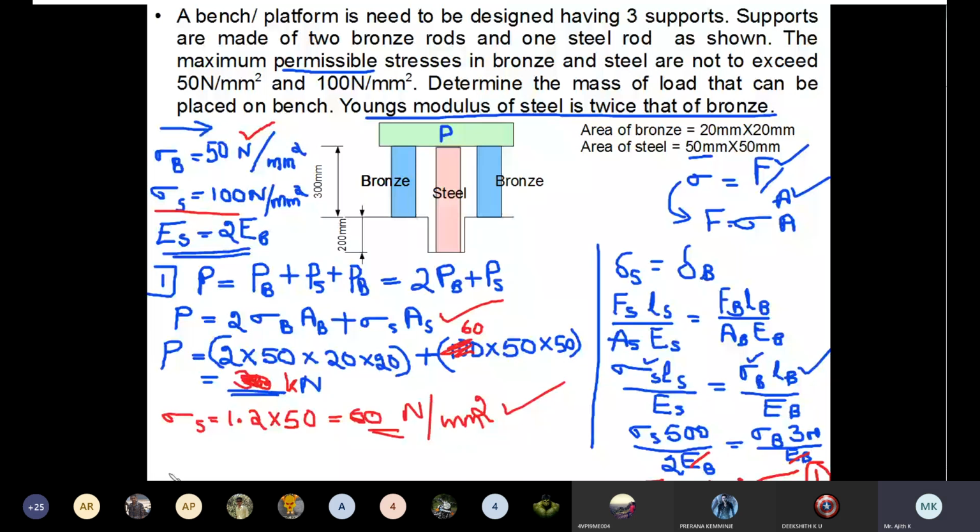So you can calculate actual sigma B also. From equation number 1, sigma B is equal to sigma S divided by 1.2.